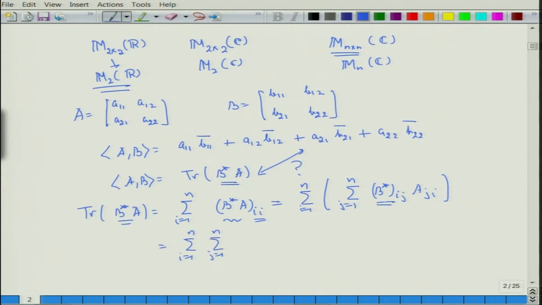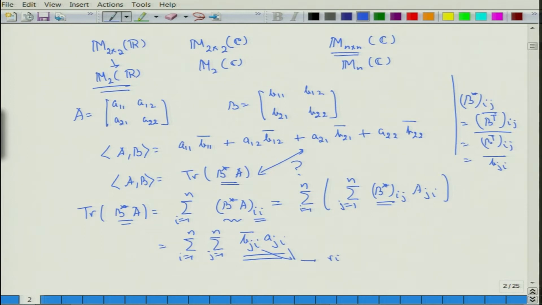And what is B star of ij? B star of ij is same as B transpose bar of ij, which is B transpose ij whole bar, which is same as bji bar. Fine. So therefore it will be nothing but j equal to 1 to n, bji bar into aji. So see here, i is on the right hand side and j is on the left hand side.